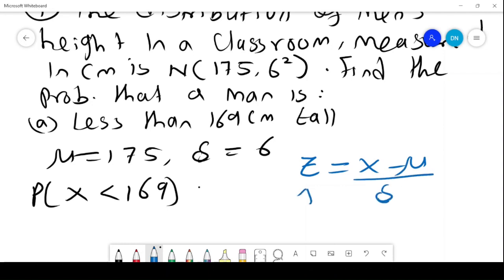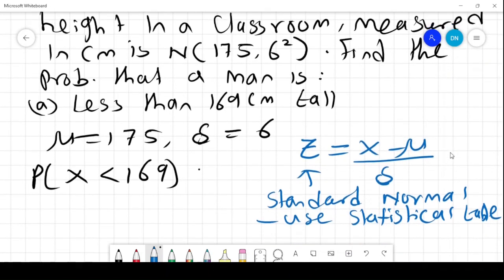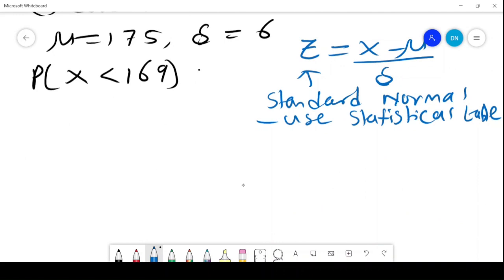This is what we call the standard normal distribution. And why do we want to write it in standard normal? So that we can use the statistical tables to get the value. That's why the transformation is necessary, to put it in an interval of the standard normal distribution.